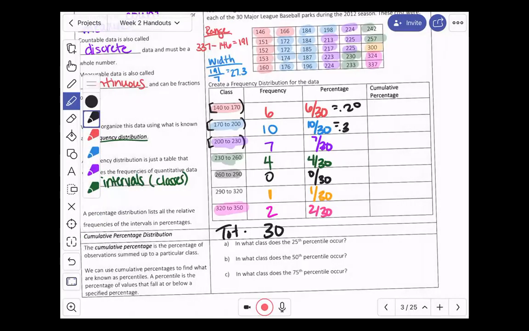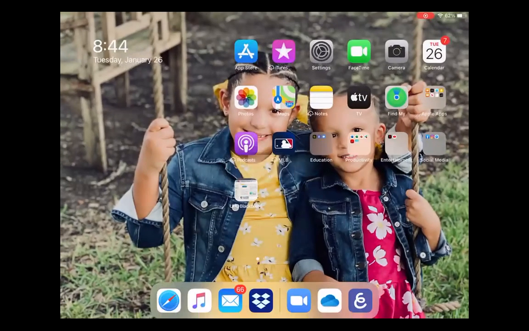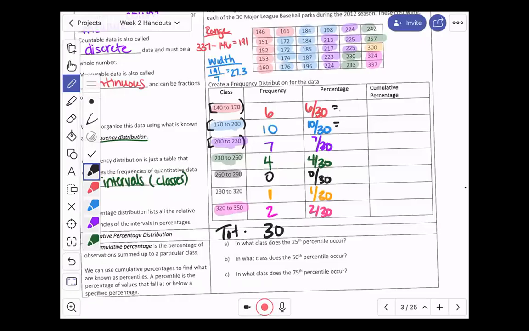So let me rewrite them. All right. So this one was 20%, 33.3%.